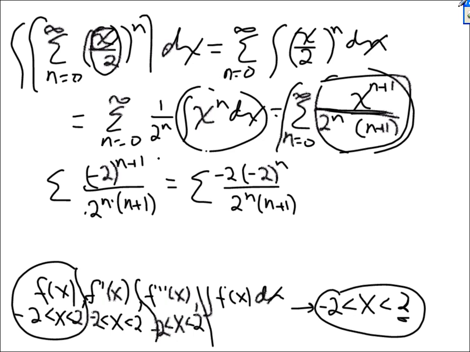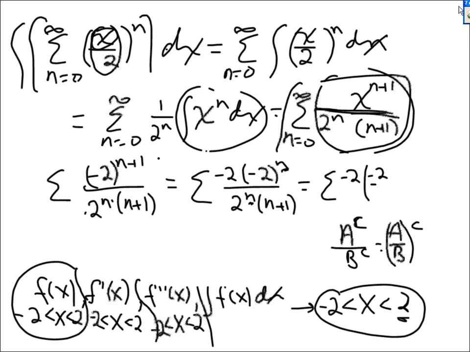We have a rule that says if you have a to the c divided by b to the c, this is just divide the a and the b and raise that to the c power. I have the same powers there. This is a summation of negative 2 times negative 2 over 2 to the nth power over n plus 1. Okay, negative 2 over 2, of course, is negative 1.